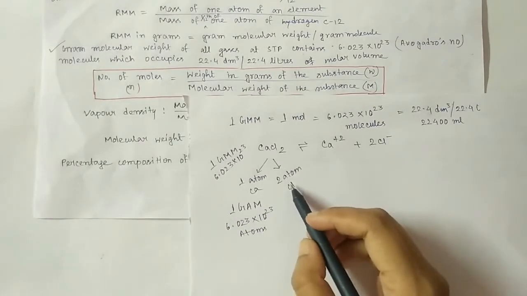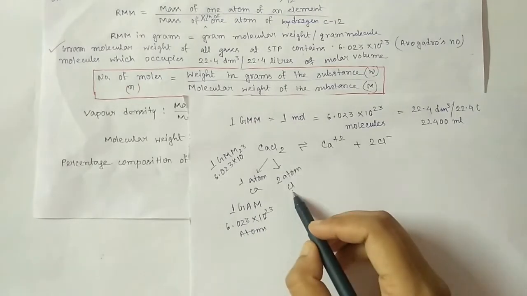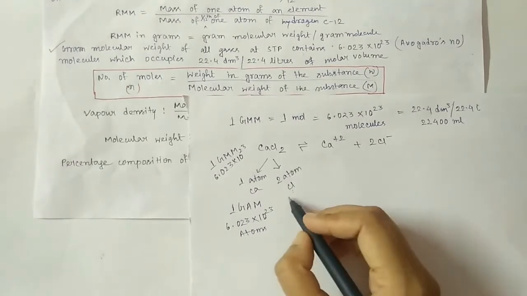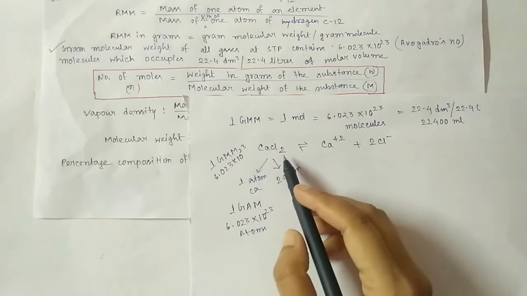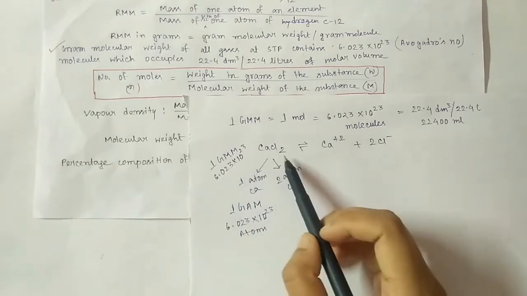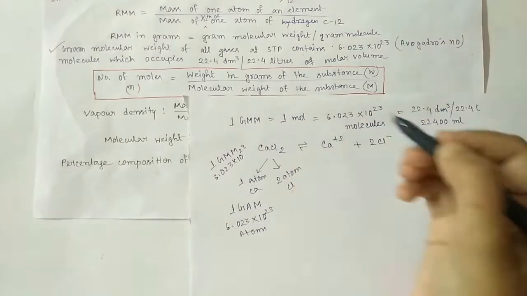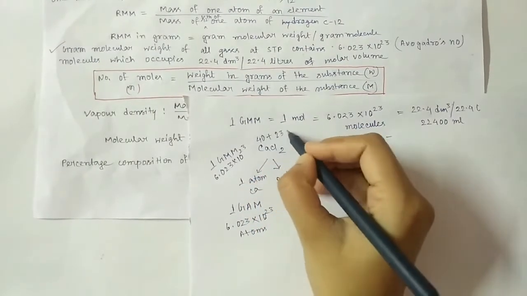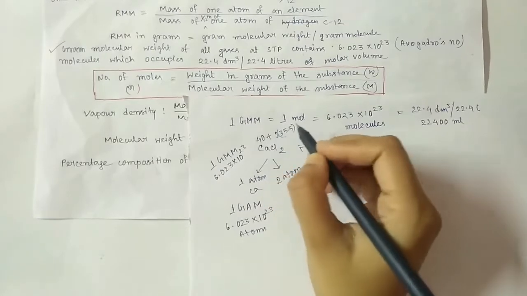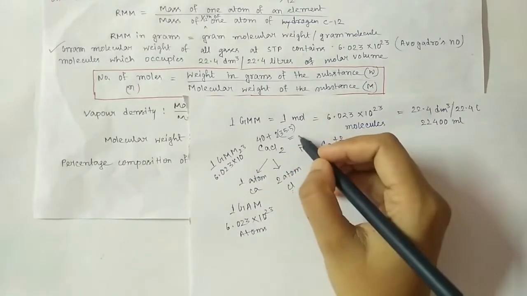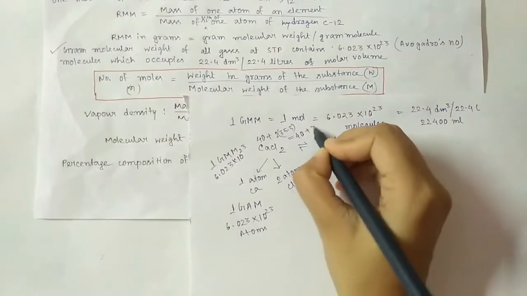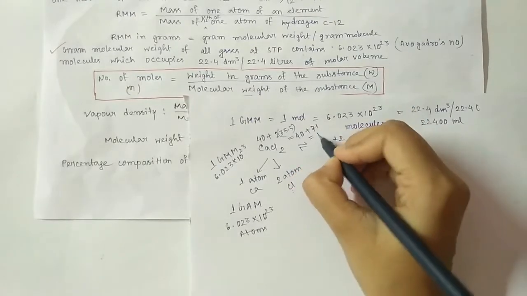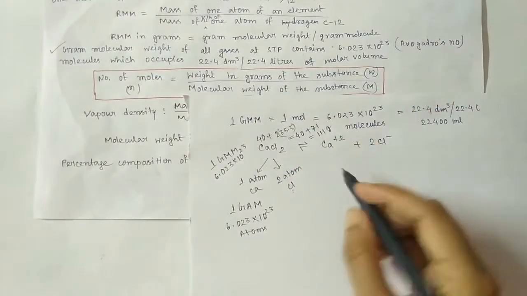Similarly, as there are 2 atoms of chlorine, we can say that in 1 gram molecular mass of CaCl2, that is 40 plus 2 into 35.5, that is 40 plus 71, 111 gram.